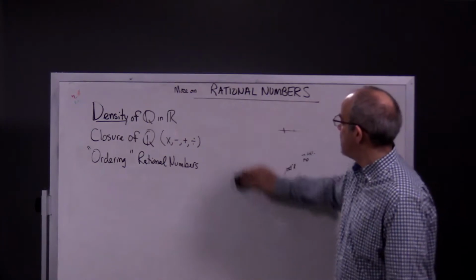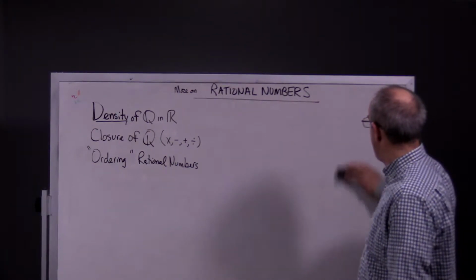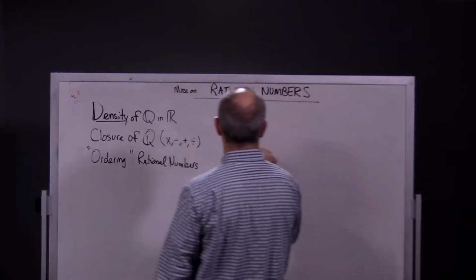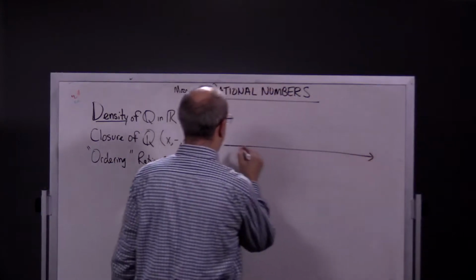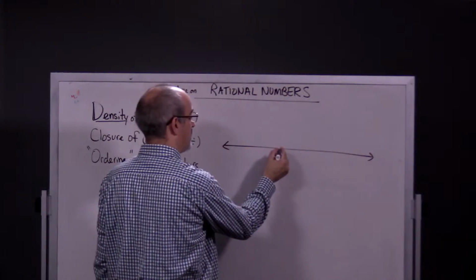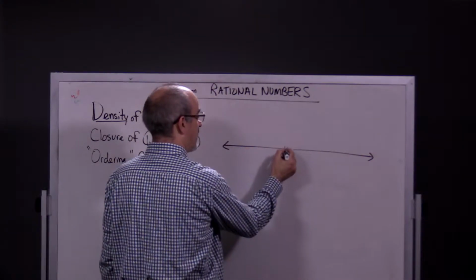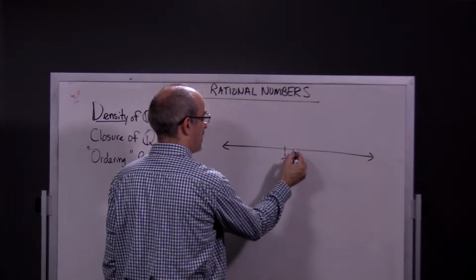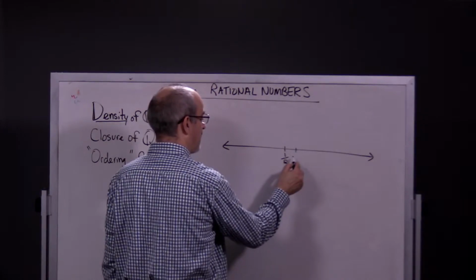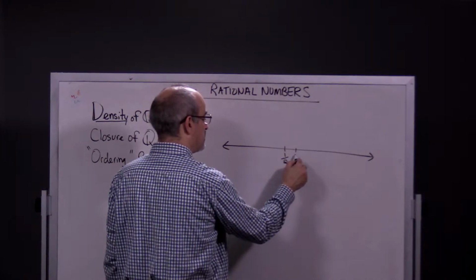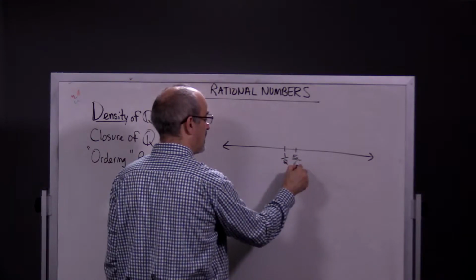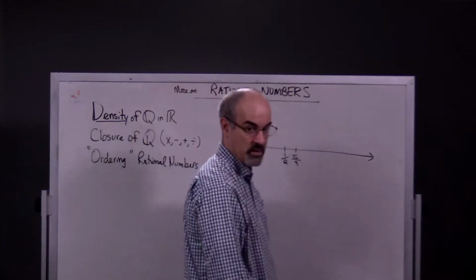So obviously rational numbers are also real numbers. So one thing this leads to is that if you have 2 rational numbers, any 2 rational numbers, there will be another rational number between them. So let's figure out 2 rational numbers that are kind of close together. 1/2 and 5/9, I guess.